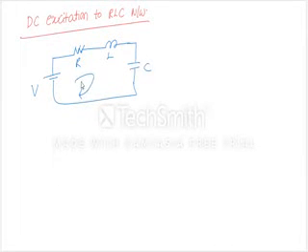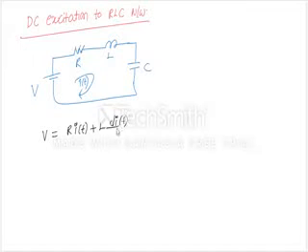This current I can call i of t. So write the KVL equation here. V is equal to R into i of t plus L into di of t by dt plus 1 by C into the integral of i of t dt.